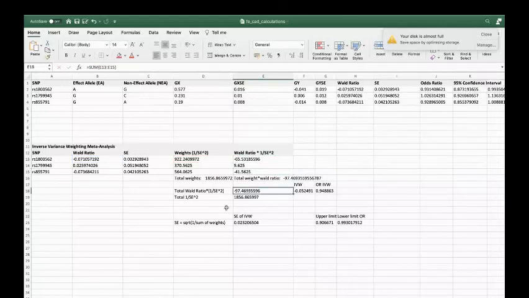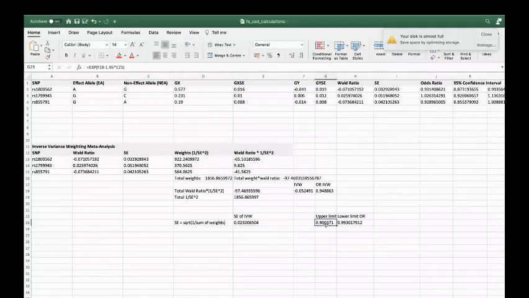And then to calculate the inverse variance weighted estimate, that is the sum of the weighted values over the sum of the weights, and that gives us this number. And then at the end, we exponentiate that to form the odds ratio for the inverse variance weighted estimate. The standard error is the square root of 1 over the sum of the weights. So again, we calculate that.